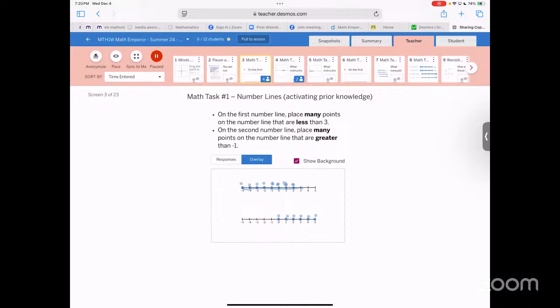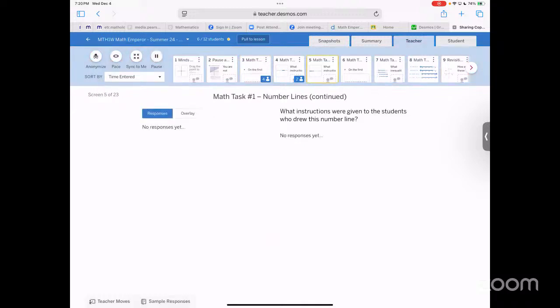There's a lot of numbers less than 3, for example 2.9, 2.8, 2.6. So what you notice here is that when it comes to an inequality, it's not a single solution, it's so many solutions, isn't it? This is a number line. Does everyone see the picture on the number line? Yeah. Okay, now I'm going to unpause it. You guys are going to go on to the next task.